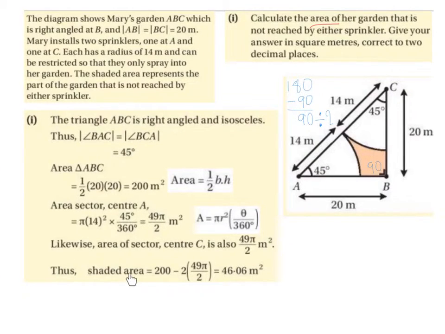Thus the shaded area is going to be 200 meters squared minus 49 pi over 2 meters squared minus another 49 pi over 2 meters squared. So the shaded area is 200 minus 2 times 49 pi over 2, which is going to be 46.06 meters squared. So the orange part, or the shaded part, is 46.06 meters squared.